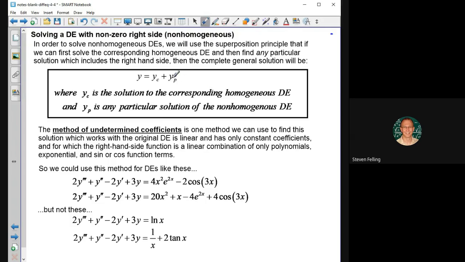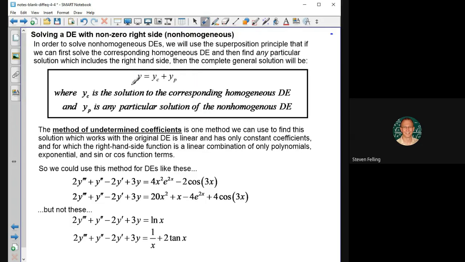Then it turns out that it can be shown that the linear combination of the solution for the corresponding homogeneous differential equation plus the one solution that you found for the differential equation with the right-hand side included, the non-homogeneous equation, is the complete general solution.